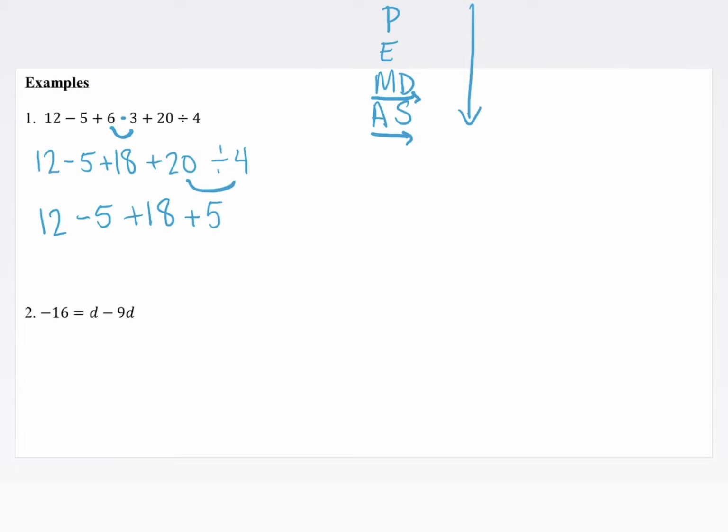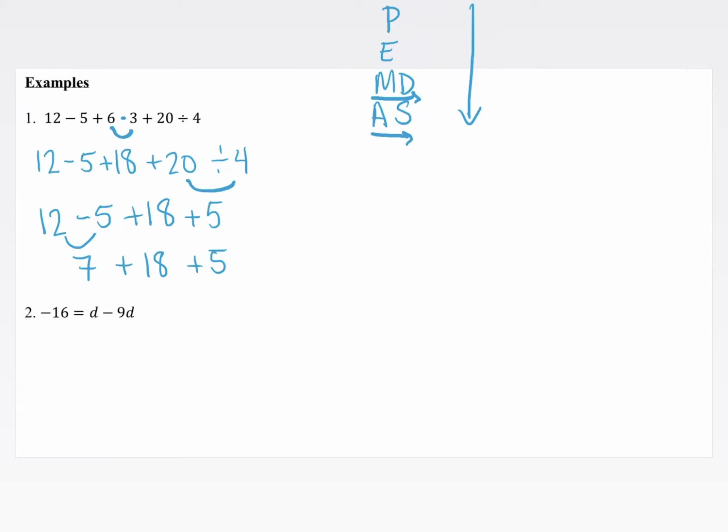Now here, we're going from left to right. We have subtraction, addition, and addition. Because we see subtraction first, going from left to right, we're going to simplify 12 minus 5, which gives us 7. So 7 plus 18 plus 5. Now this is all addition, and actually using the commutative property, we could flip the order and still get the same exact answer.